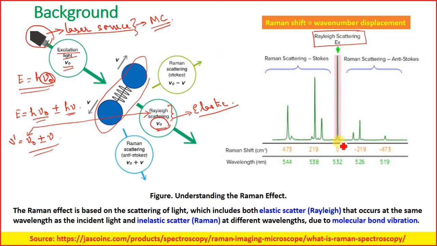Across the Rayleigh scattering, you will have certain peaks at particular frequencies, and the location of the peaks on either side will be similar. If you see, it is 473, and over here we have minus 473. These peaks are there, however the intensity of the peaks is lower. Similarly, over here there is some frequency, and over here minus 219, you have similar peaks, but the intensities are different.